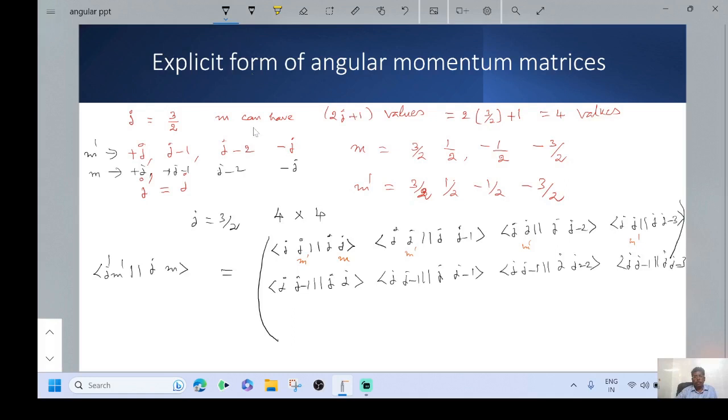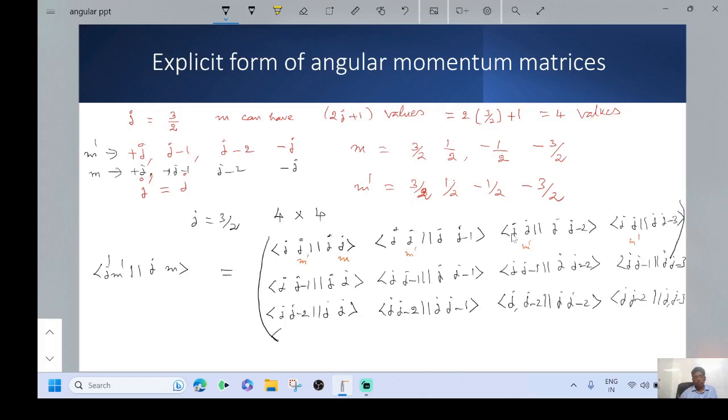Then third row: j, j minus 2, with m values j, j minus 1, j, j minus 2, j, j minus 3.